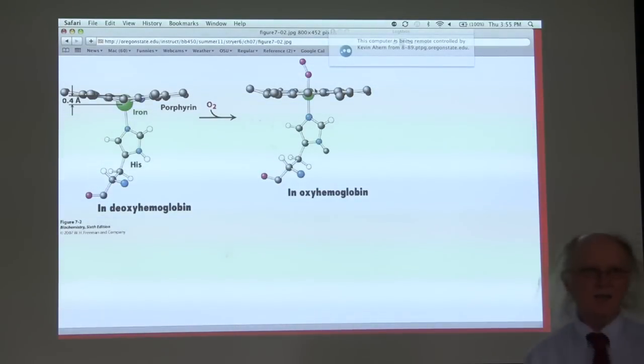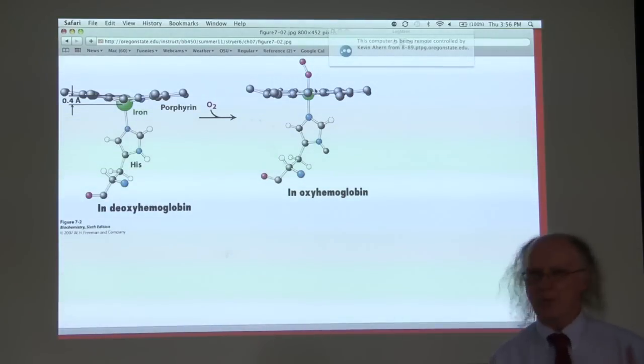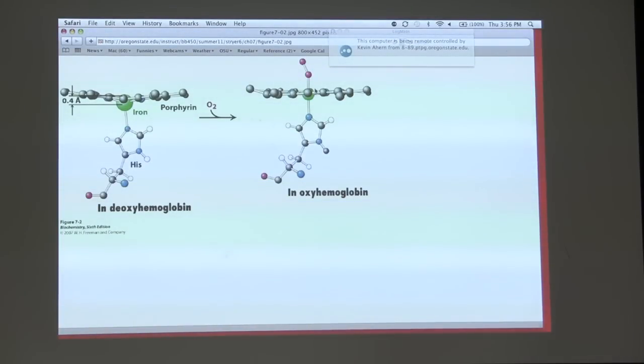They want to bind oxygen more readily than the first one did. They bind it much more easily. So that means that the second oxygen will bind faster, more readily, because of that very subtle change that happened in the first one.